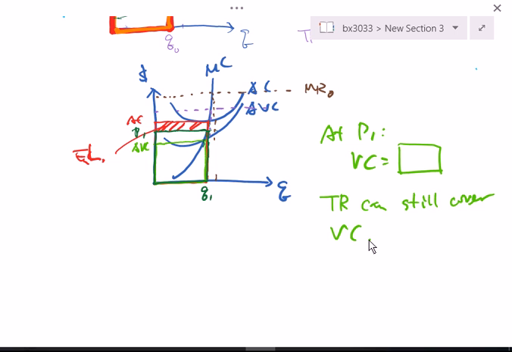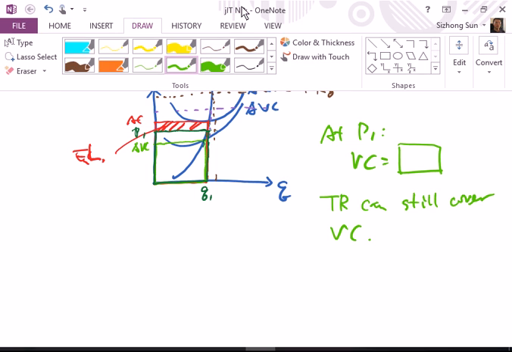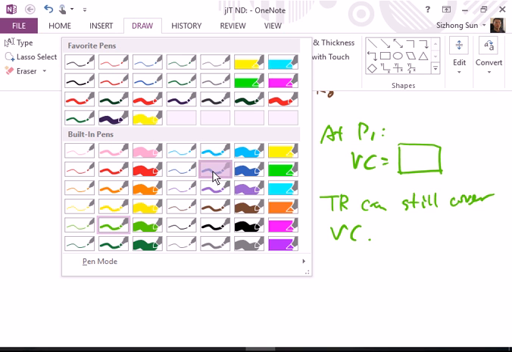Okay, let me draw one diagram again, otherwise it quickly becomes too messy.